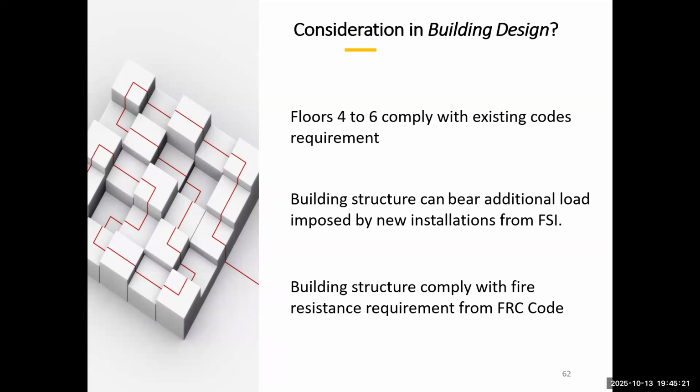This is because the building structure is strong enough for new installations and meets the fire resistance requirements. The staircases comply with the MOE code, and the lift capacity is sufficient. So the problem lies in other places.